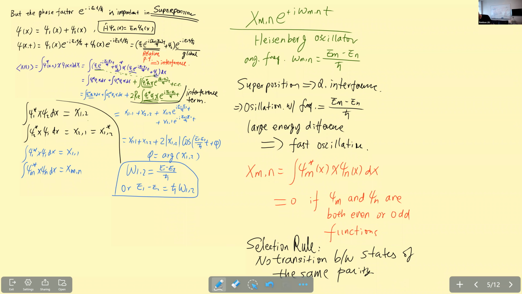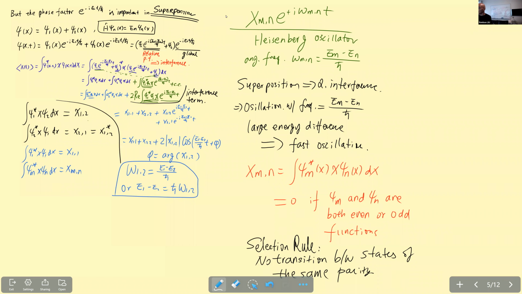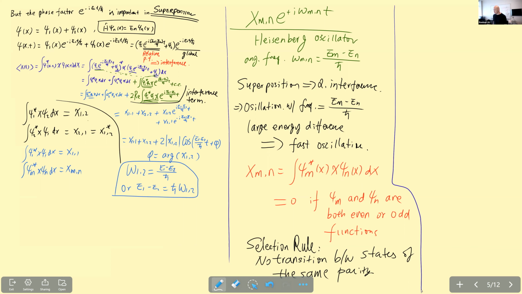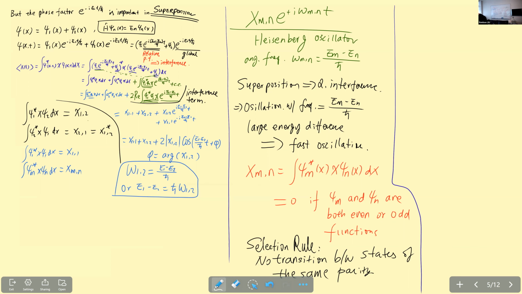So this is what I would say, that the phase factors actually are indeed important if we have a superposition of different states. One special case actually is the wave packet.